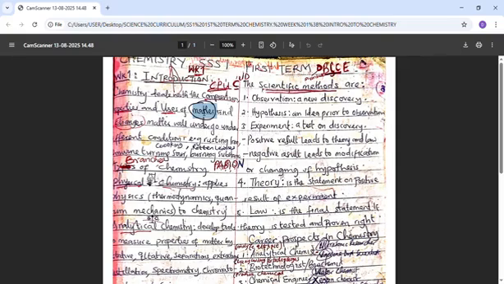Talking about anything, matter means anything. And the changes that matter will undergo under different conditions. Example, when we say rusting of iron, that's a change. What made a shining iron become rust is a result of some chemical reactions.